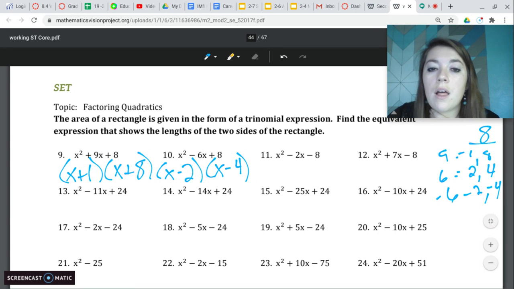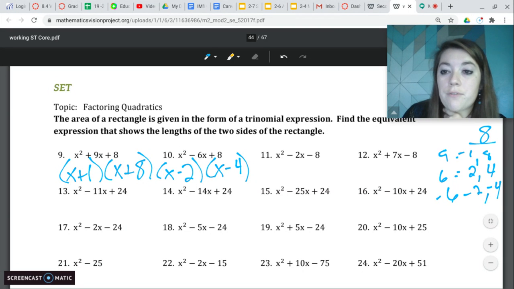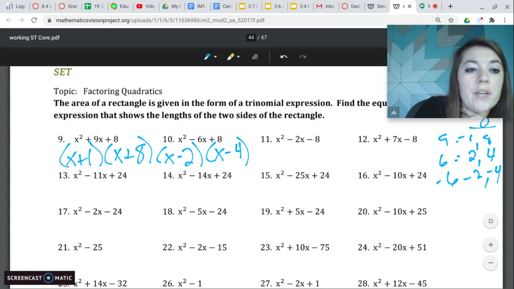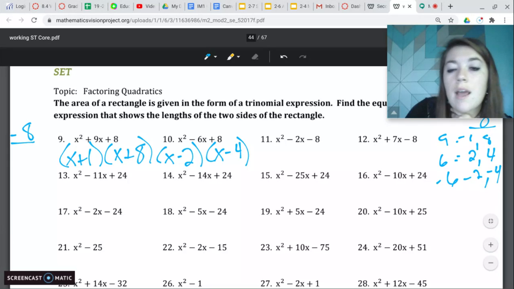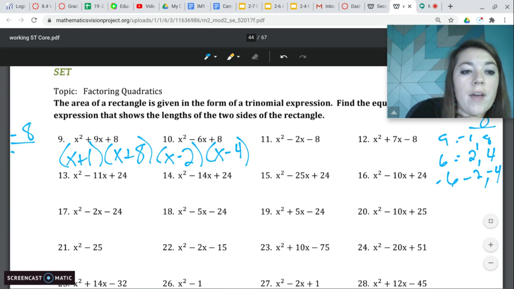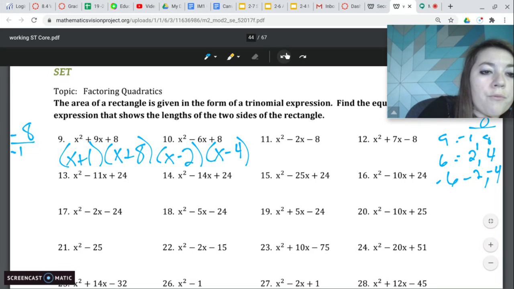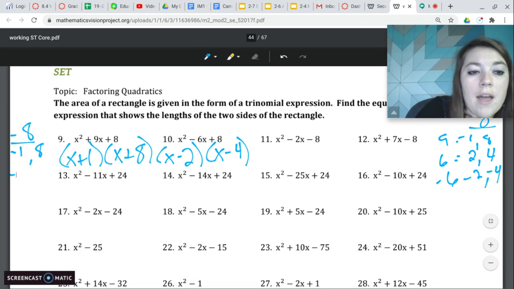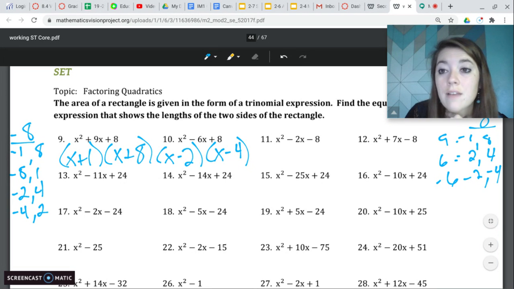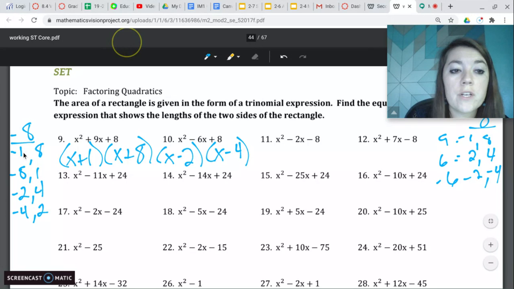Now, the ones that are a little more difficult, when our C value is negative. So I'm going to come over here, -8. Now, same thing. We've got -1, whoops, that's supposed to be a -1. -1, positive 8. We've got -8 and positive 1. We have -2, positive 4, and -4, positive 2. And yes, it does matter that we switched which one is negative.